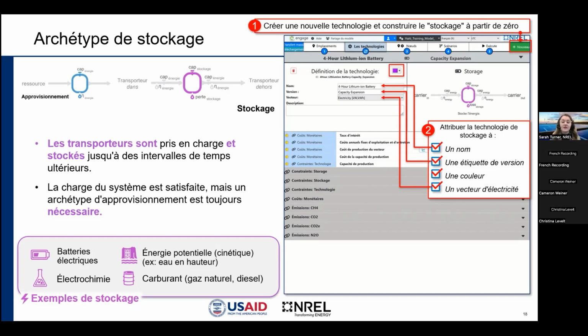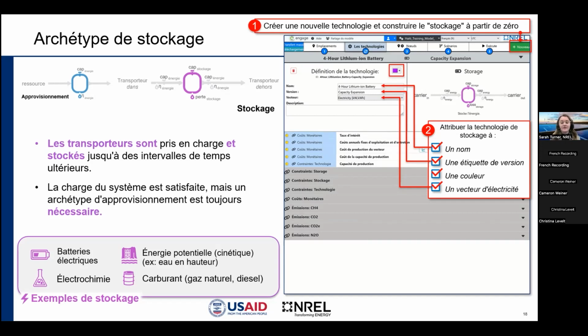Storage technologies are similar to supply technologies in that they can supply a carrier to a system when there's demand. But unlike supply, storage can only supply as much carrier as it is given to store.